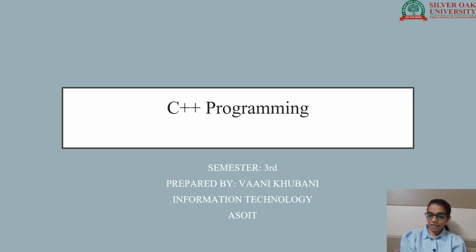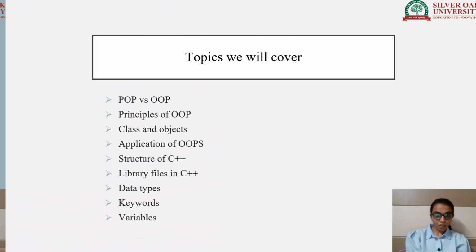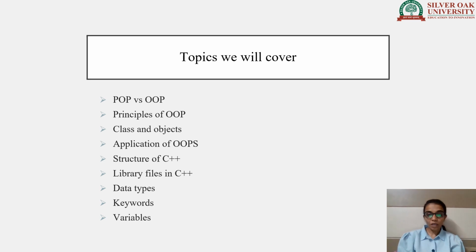Today we will be discussing C++, which is a programming language. So let's see what we will cover in today's lecture. The topics that we will cover are POP versus OOP. POP is procedural oriented programming, and OOP is object oriented programming.